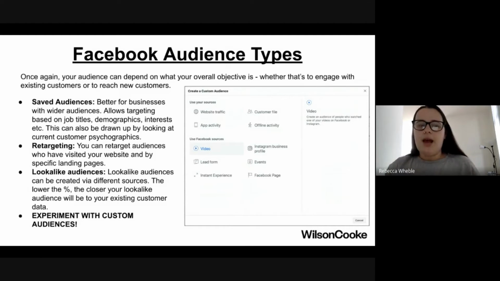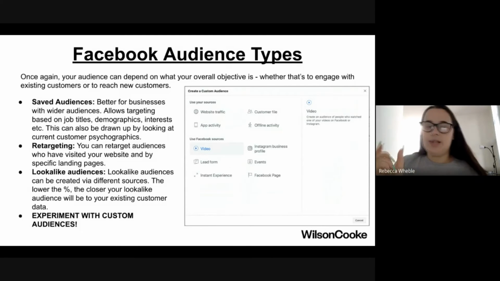And then finally, we've got lookalike audiences. Massive advocate for lookalike audiences. These can be created from different sources. So for example, you can do it by website, by landing pages, same as the retargeting. So you can create a lookalike around that, but you can also create lookalikes around data and customer lists. So say you have an email database, you import it into Facebook, you can then create a lookalike around those.